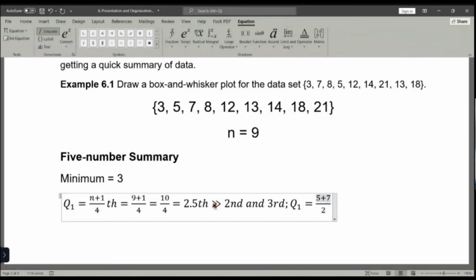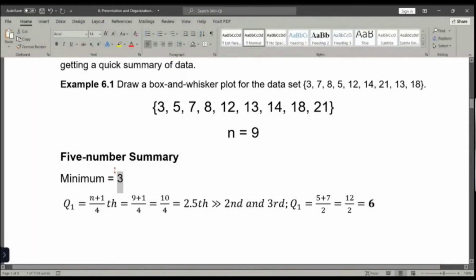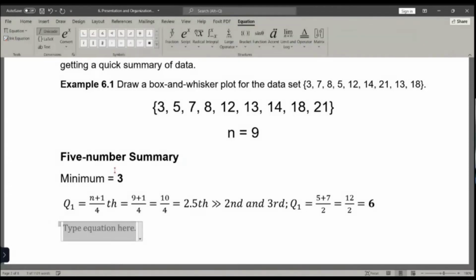Okay, the average or midpoint. So 5 plus 7 is 12 over 2. We have now 6. This will be your first quartile, the lower quartile. Question? None. Okay, none.